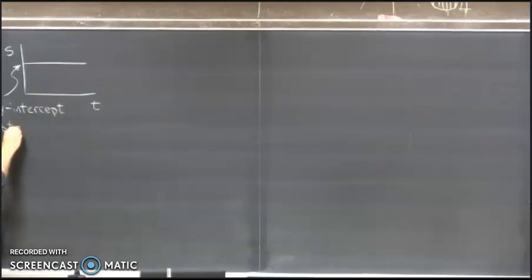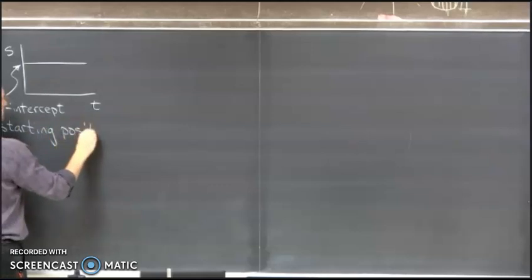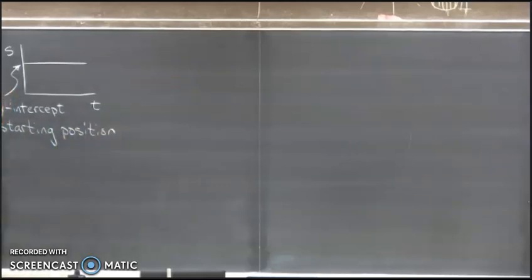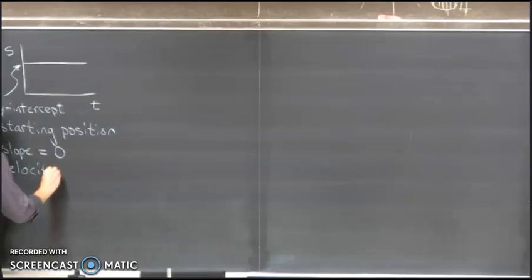This is the starting position. And the fact that it's a horizontal line means that the slope is 0. Slope equals 0. And what that meant physically was I was not moving, which translates in physics to velocity equals 0.